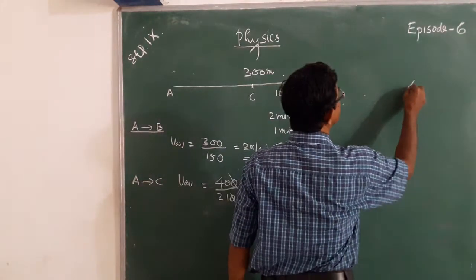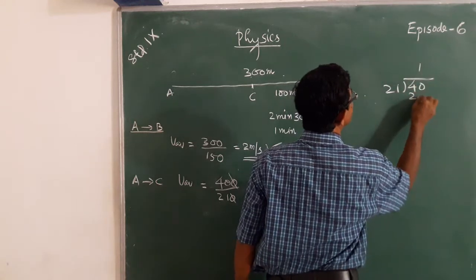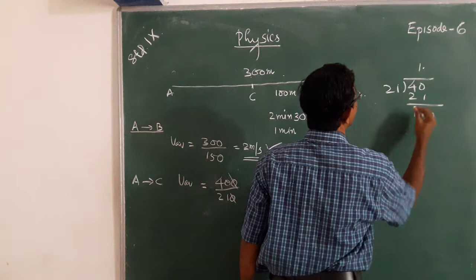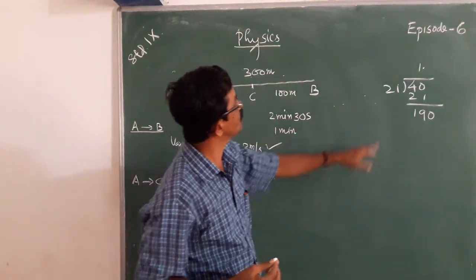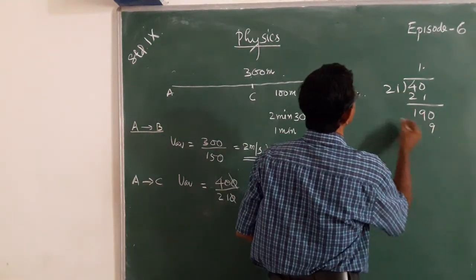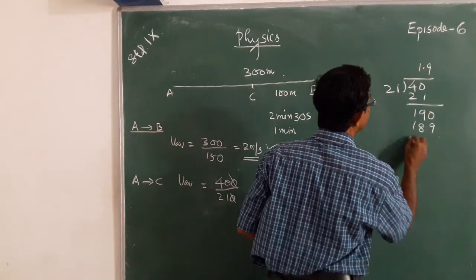Now we can divide 40 by 21. 1 times 21, remaining 19. Putting a decimal, 190. How many times? That is 9 times. 9 times 1 is 9, 9 times 2 is 18, that is 189.